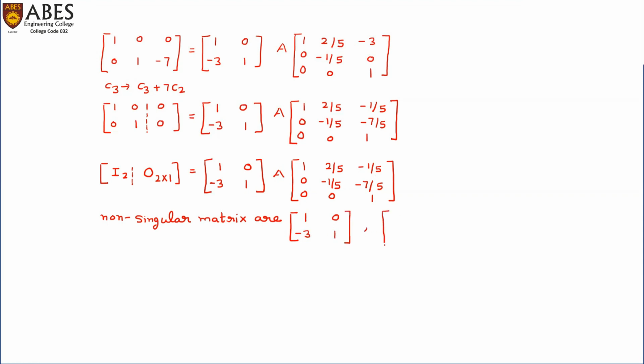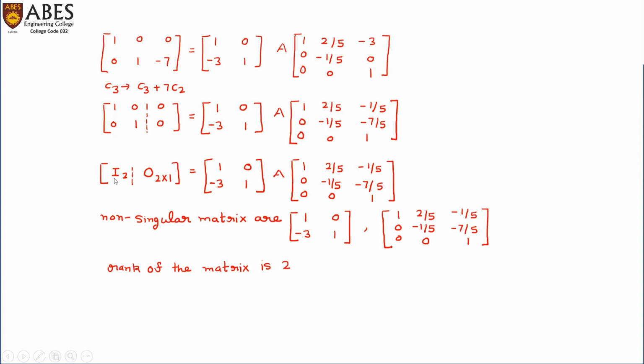Second, Q is 1, 0, 0, 2 by 5, minus 1 by 5, 0, minus 1 by 5, minus 7 by 5 and 1. And the rank of the matrix is 2, because here we have the identity matrix of order 2.